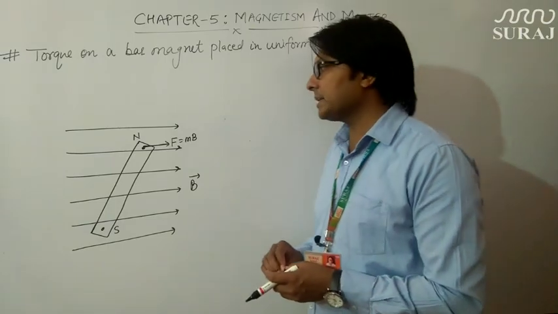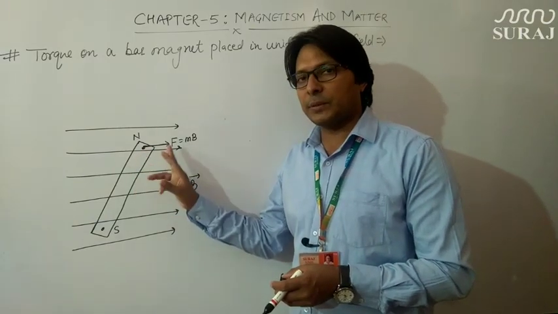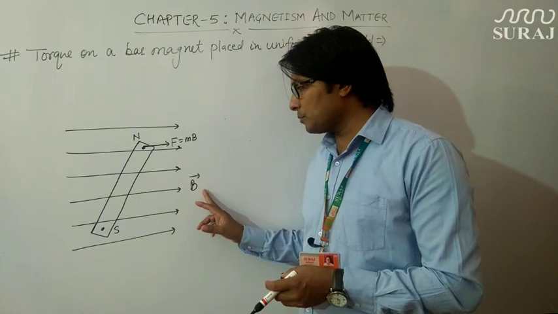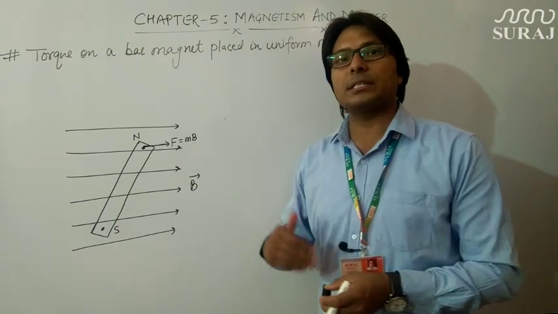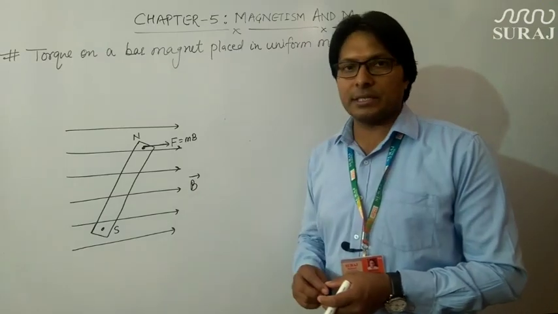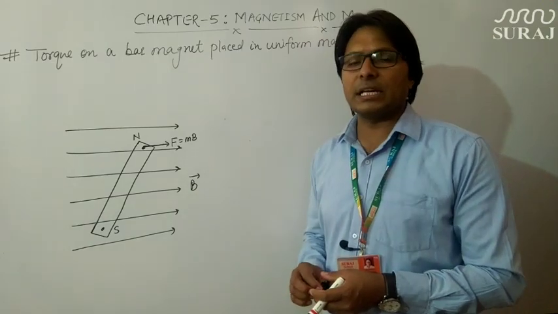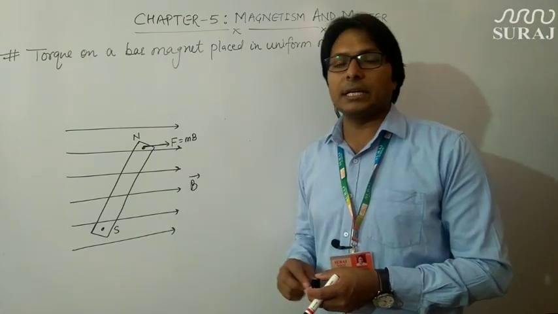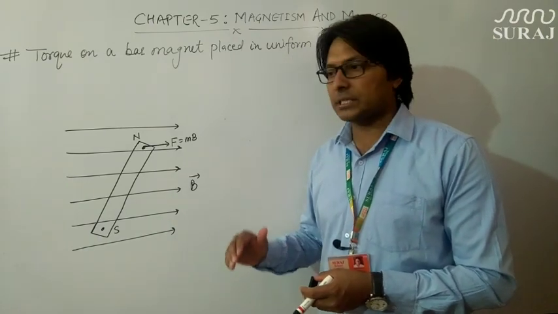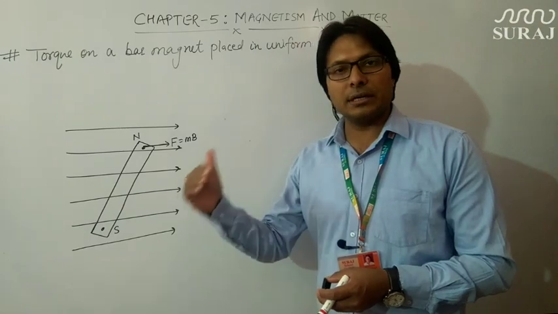Similarly, the south pole will experience a force conventionally in the opposite direction of the magnetic field. We generally take that the north pole experiences a force in the direction of magnetic field and the south pole in just the opposite direction, just as we discussed in electrostatics, that positive charge experiences a force in the direction of electric field and negative charge in the opposite direction.